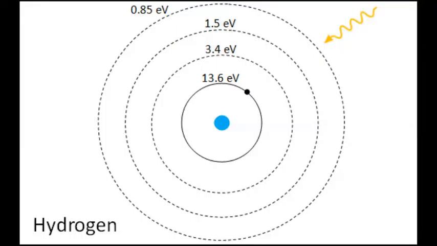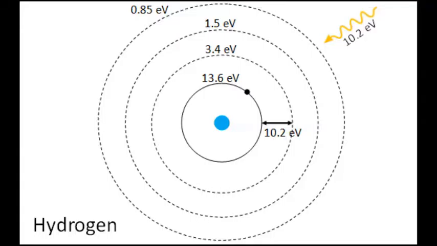So, to illustrate this, let's say we had an incoming photon that had an energy of 10.2 electron volts.